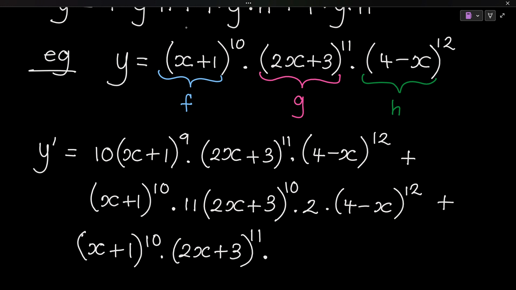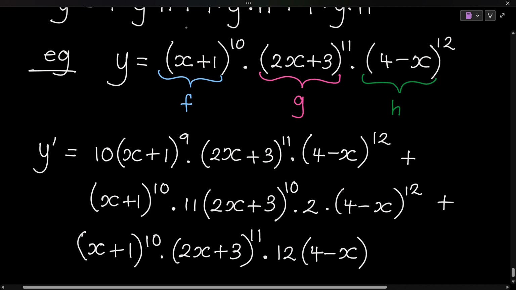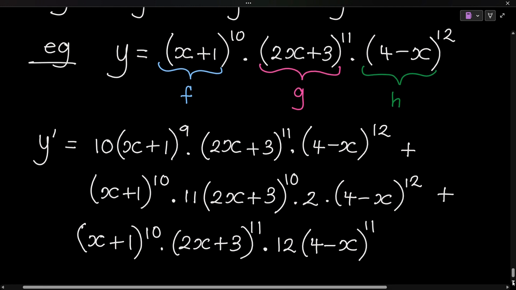And we will now differentiate the third function. So we're going to take 12 and multiply by the coefficient. 12 times 1 is 12. And we are going to minus 1 from the exponent. So our exponent is now 11.